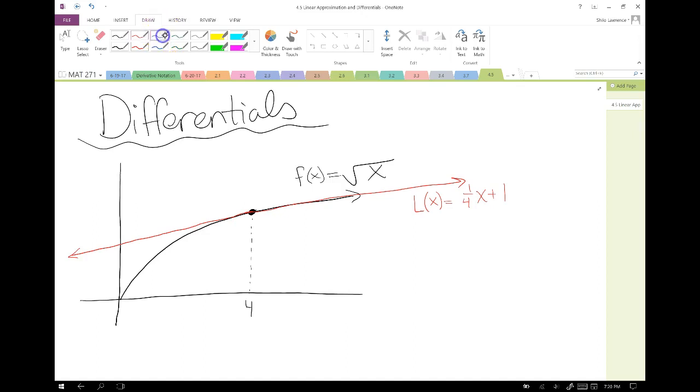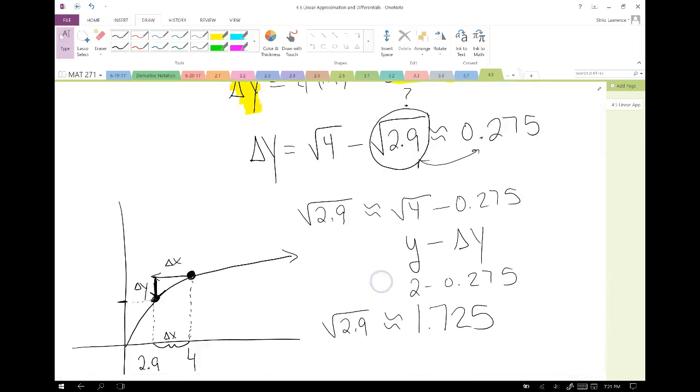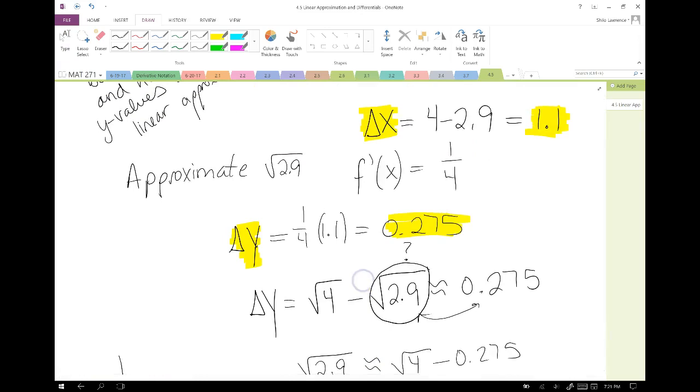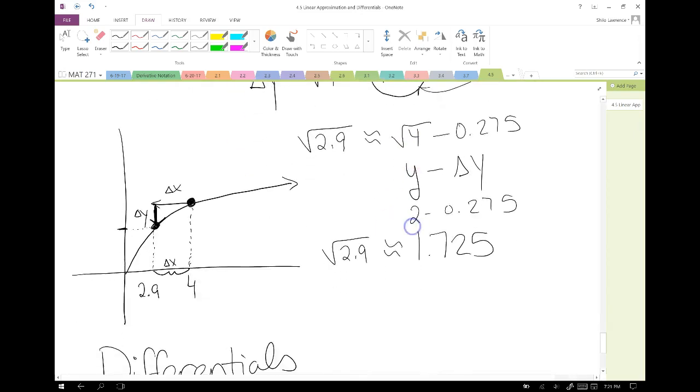So I am going to work off of this other format that we talked about, where we're not looking at specific x and y values, but we're just looking at the change in the x and y values.